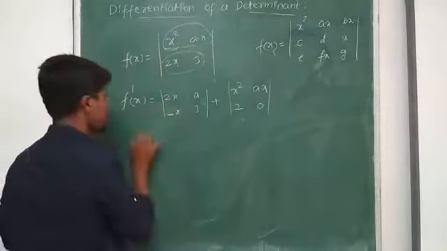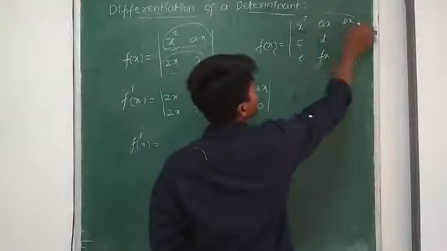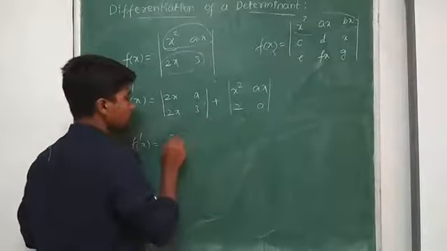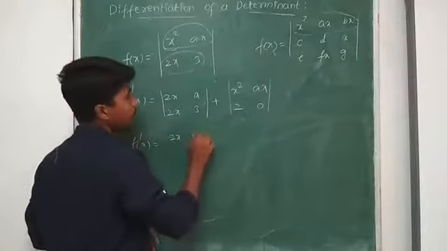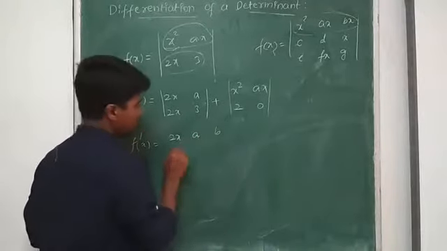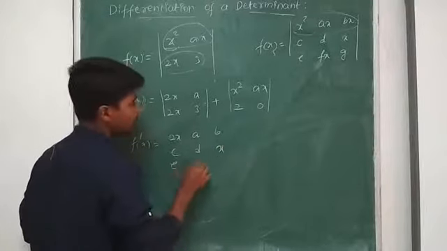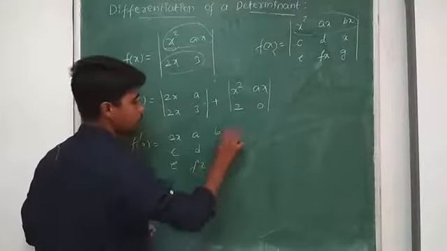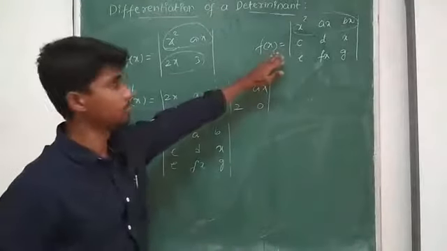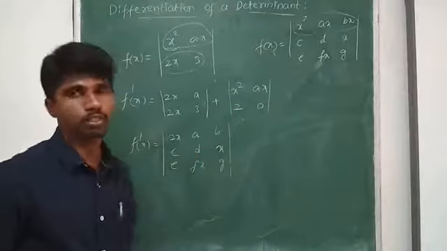The f dash of x will be equal to the determinant of the derivative of the first row, and the next 2 rows will be unaltered. X square derivative 2x, ax derivative a, bx derivative b. The next 2 rows unaltered, c, d, x, and e, fx, g. Till we get f dash of x, we have to continue till we reach the last row.